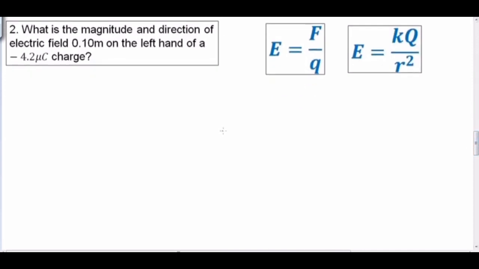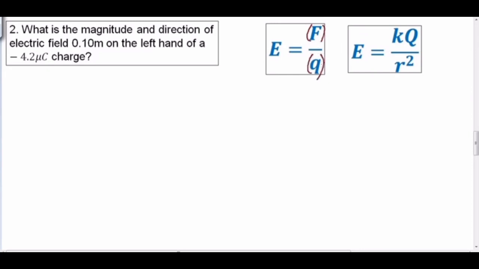Okay, let's have another example. Example number 2. What is the magnitude and direction of electric field 0.10 m on the left hand of a negative 4.2 microcoulomb charge? So, lagyan muna natin ito ng parentheses para hindi ninyo makalimutan.